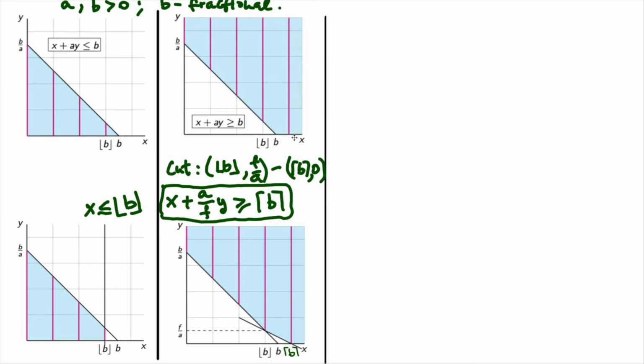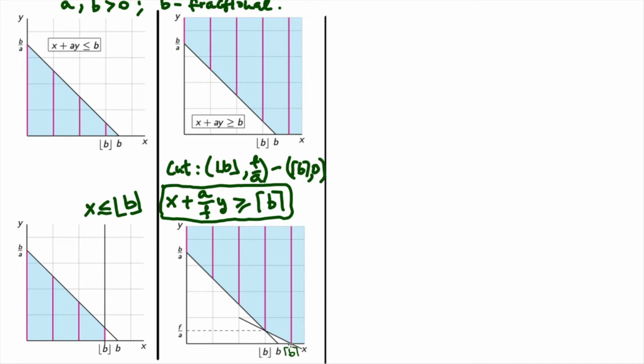Alright, so now all we need to do is write down the inequality corresponding to this line passing through these 2 points, and looking at what points we have here, the x coordinate for this point is the floor of b, and then the y coordinate is going to be given by f over a.